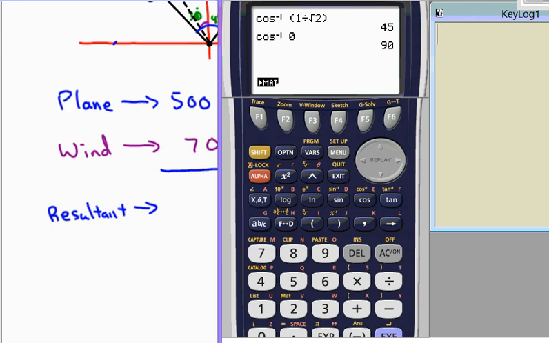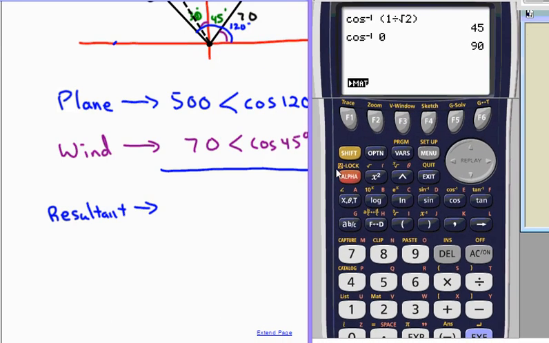I'm going to take, right here, 500 times the cosine of 120, and I'm going to add to that 70 times the cosine of 45. There's the resultant left-right component of the plane after the wind pushes on it. Negative 200.503.